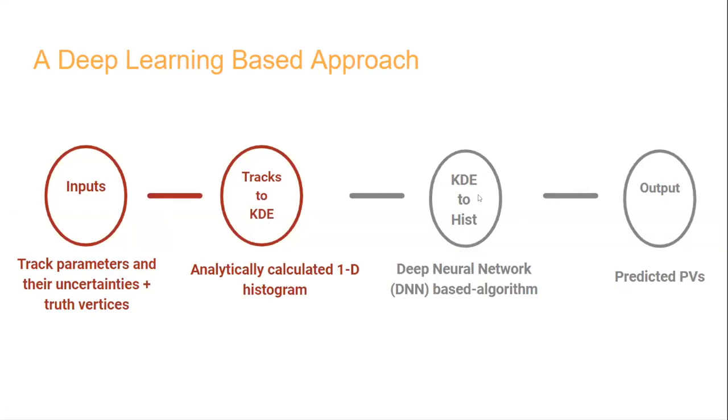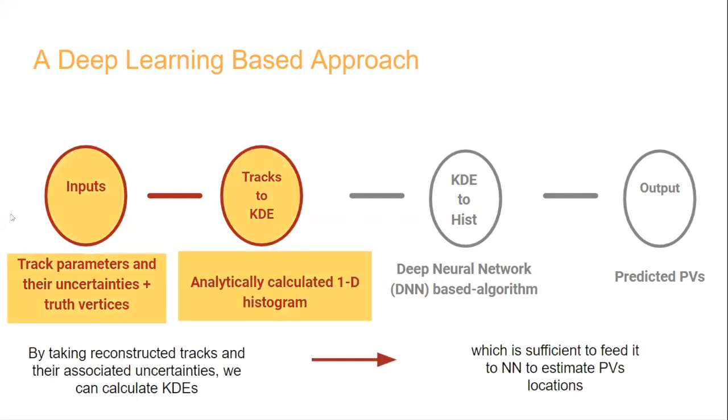We feed these KDEs into a deep neural network based algorithm, and we expect the output to be the predicted primary vertices. In this project, I'm focusing on the first two steps. By reconstructing the tracks, we can calculate the KDEs, and that's sufficient to feed to a neural network to estimate the primary vertex locations.